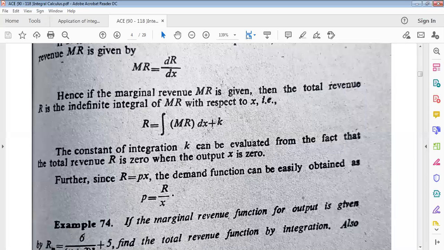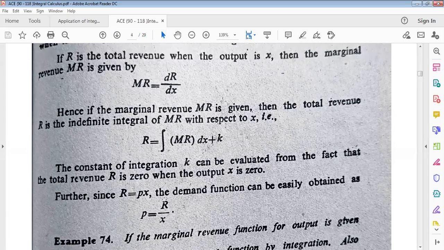Furthermore, we also studied R equals Px, that is, price and total number of units multiplied gives the revenue. Revenue R equals Px, so the demand function can be easily obtained. P, the price or demand function, equals R by X.